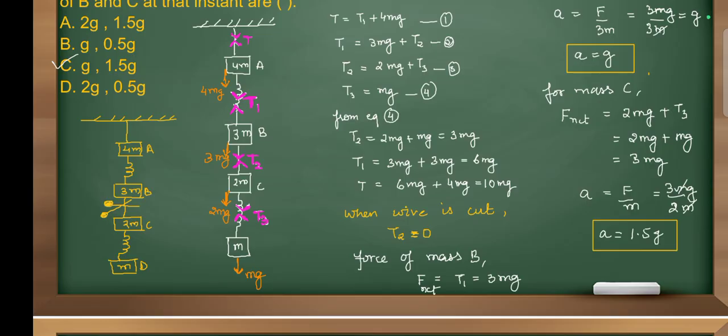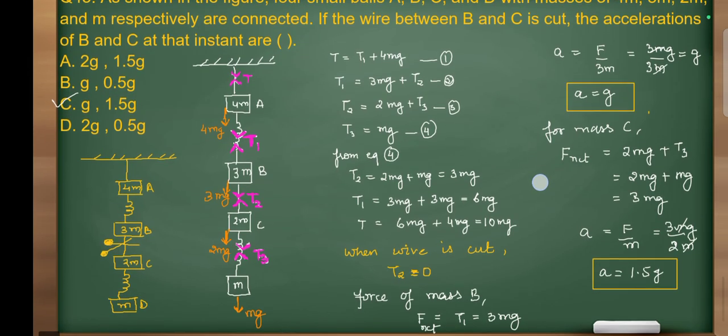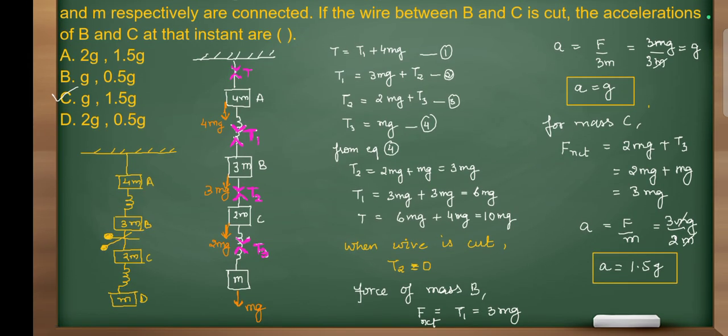But when the wire is cut between the masses B and C, the tension at point T2 will become 0. So the force on mass B will become T1 is equal to 3mg, and so the acceleration of this mass will be force by mass, that is 3mg by 3m, which will be equal to g.